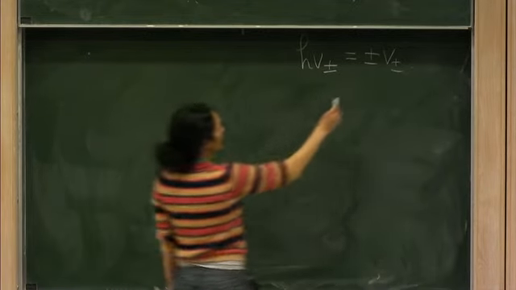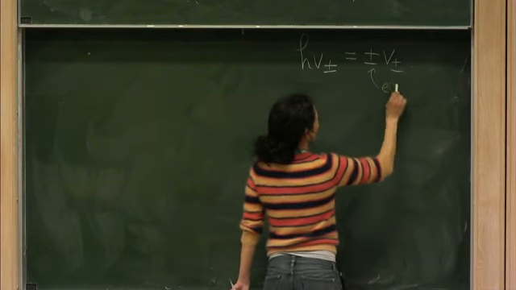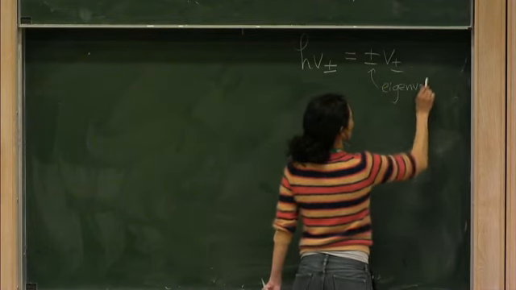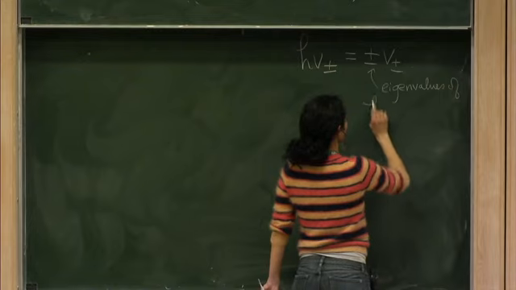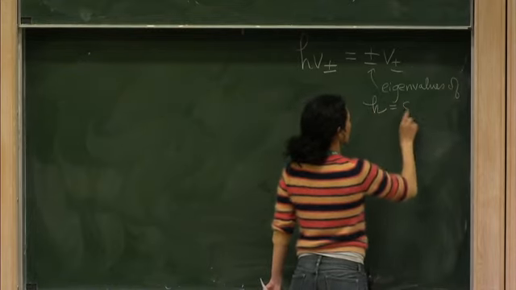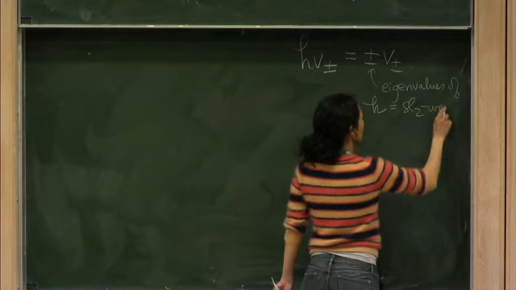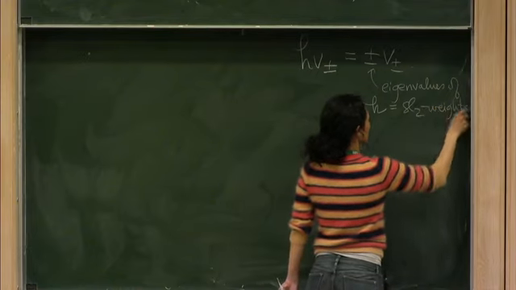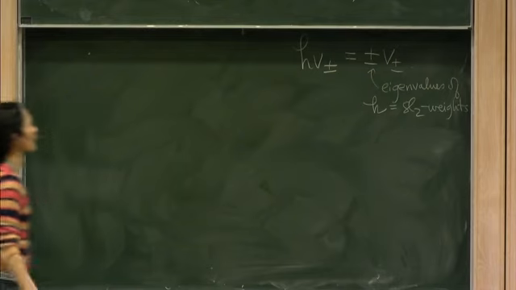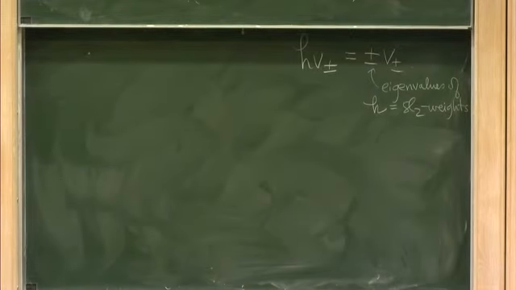Okay, so these eigenvalues of h are often called the SL2 weights. Okay, so v plus has weight 1 and v minus has weight negative 1 in this terminology.